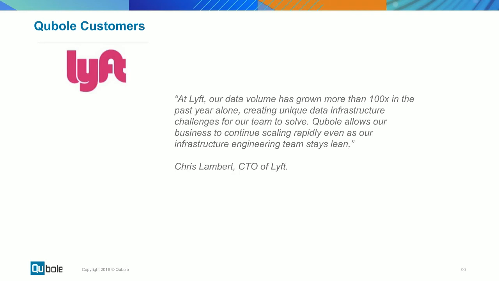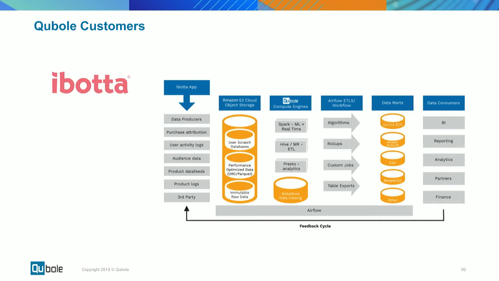And here's a quote from their CTO. Essentially it's saying that in less than a year, their data grew by a factor of 100, right? So Qubole allows them to continue to scale quickly, without necessarily increasing their infrastructure team. And some of the aspects we discussed earlier.